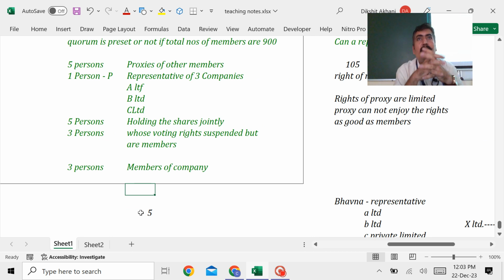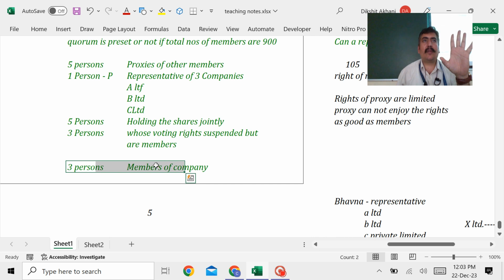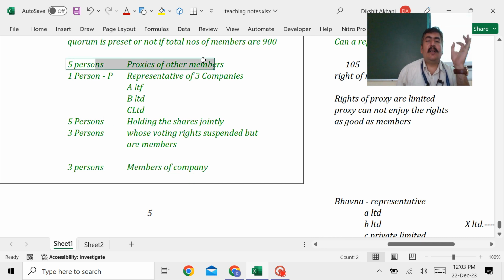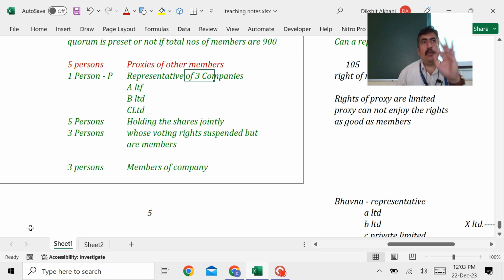So whenever this question comes, you have to always assume that these 5 proxies are other than members. Got it? Because for the members, they have given a separate list of 3. Is my point clear? So these 5 proxies of the other members will not be included.